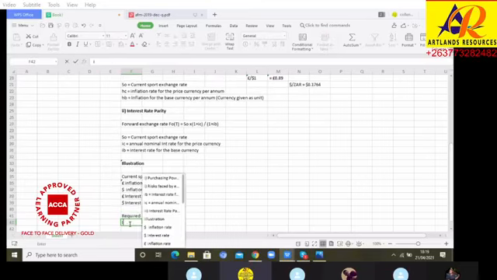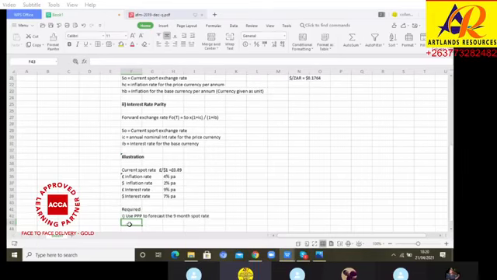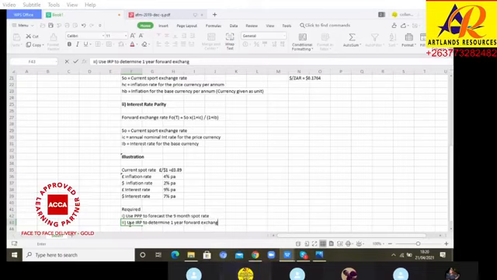Required. 1, use PPP to forecast, let's say, the 9 months spot rate. 2, use interest rate parity IRP to determine the 1 year forward exchange rate.